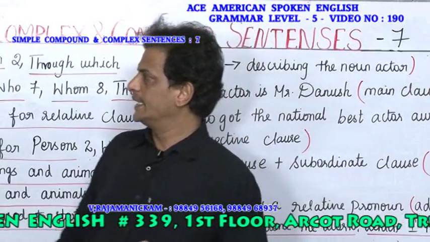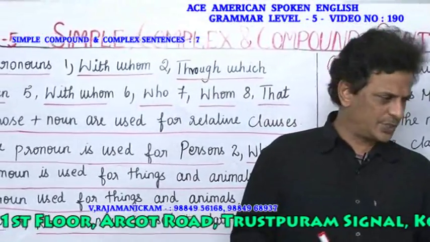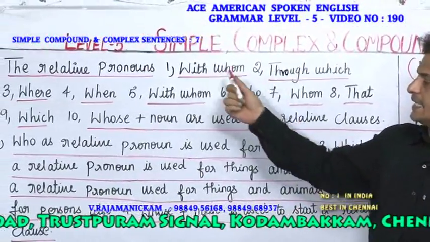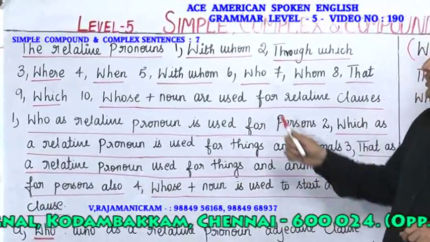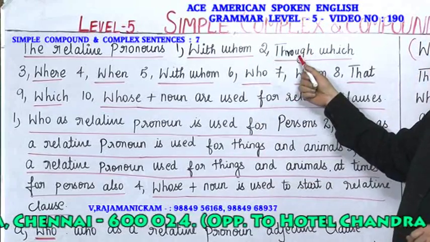So here the relative pronouns. What do you mean by relative pronouns? Relative pronoun is related to the noun. Related to the noun is called relative pronoun. For example, with whom, through which.